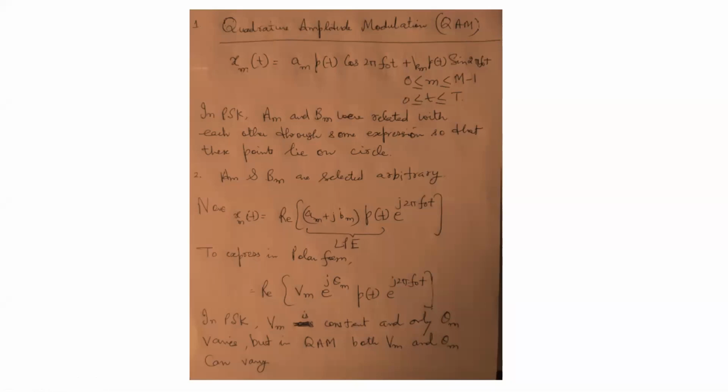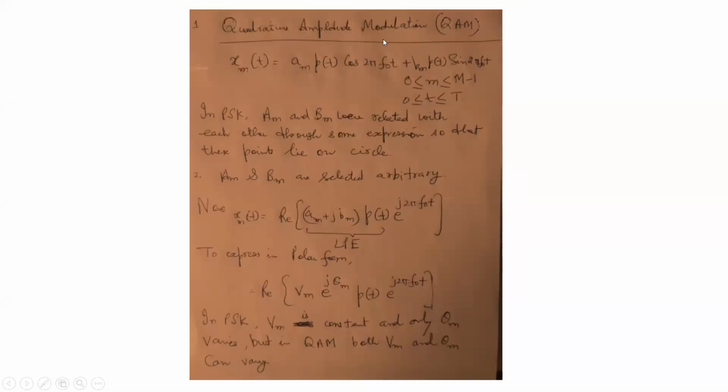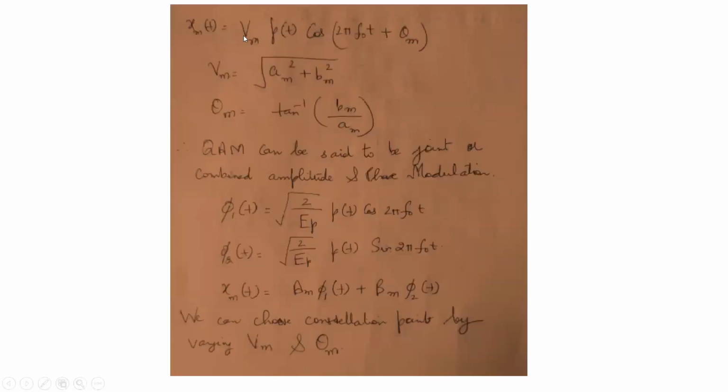Now x_m(t) is Vm p(t) cos 2 pi f naught t. So I can also express this as Vm p(t) if I take the real part of this complex term. If I take the real part of the overall expression, what do I get? x_m(t) will be equal to Vm p(t) cos of 2 pi f naught t plus theta m.